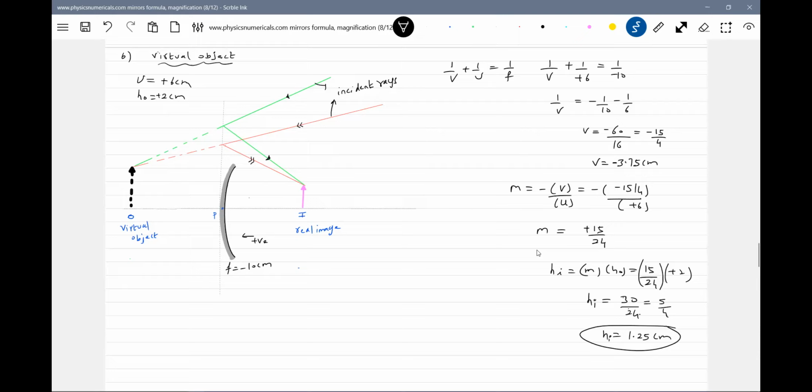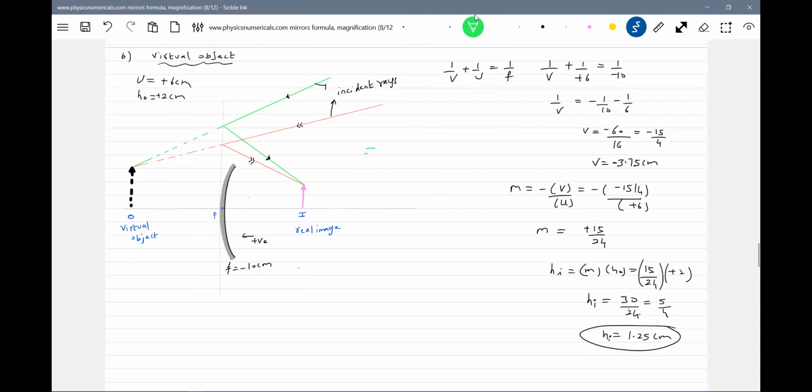What about this? Again, this image is formed by the converging reflected rays. Therefore, this should be a real image. So a concave mirror for a virtual object forms a real, erect, diminished image. Where is the object? The object is virtual. So what about the image?